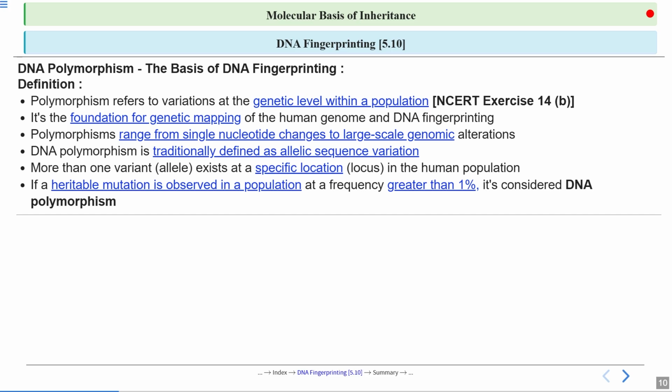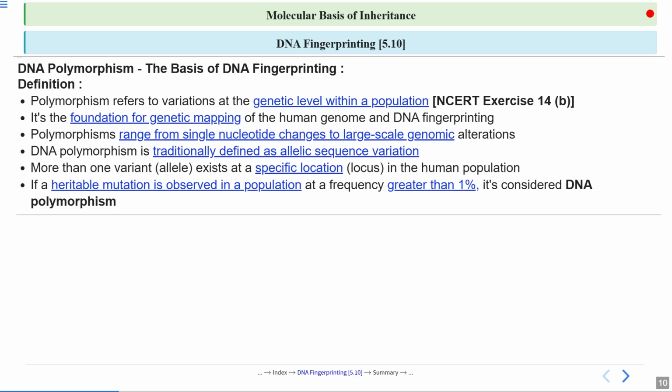These differences can be as small as a single nucleotide change, like one letter change. For example, A got replaced by G, meaning adenine got replaced by guanine. Or they can be large scale genomic alterations, like missing or extra DNA pieces, where whole DNA pieces are missing. So the difference can be as big as possible and as small as possible.